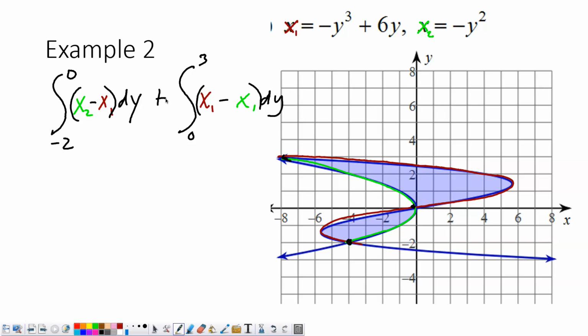Now 2 days ago when we did this though, instead of doing it 2 different ways, we talked about how this expression and this expression are the same if we what? If we take the absolute value of them. And if they're the same, since we start at -2 and go to 0 and pick up at 0 and go to 3, we can just put that together into one integral, right?